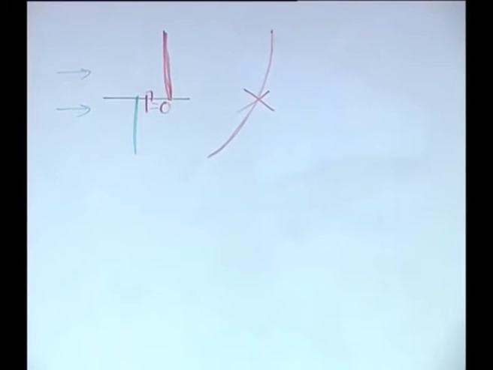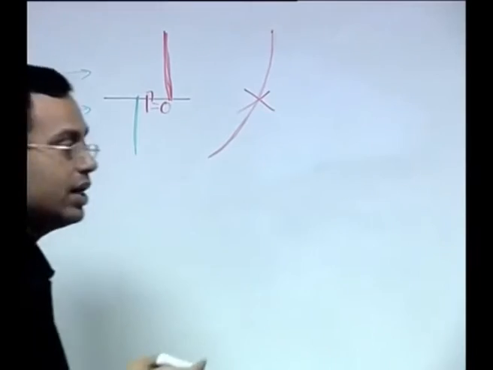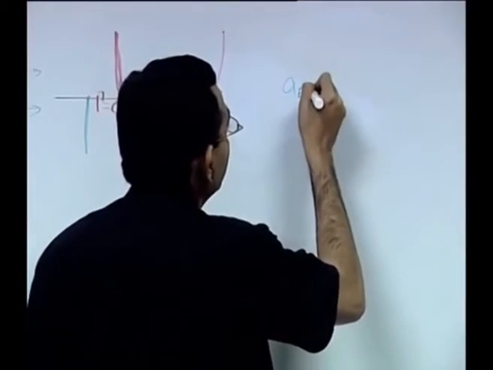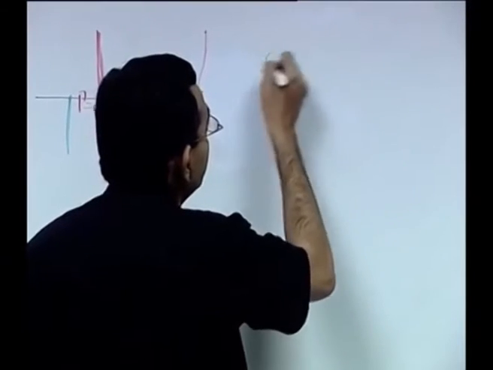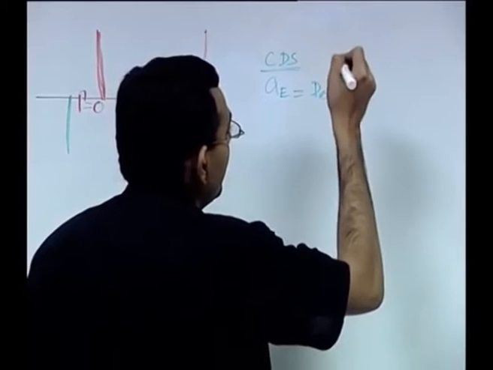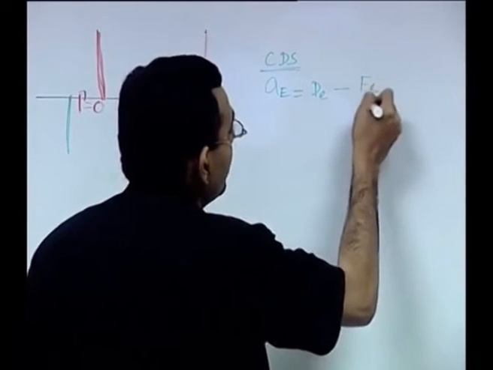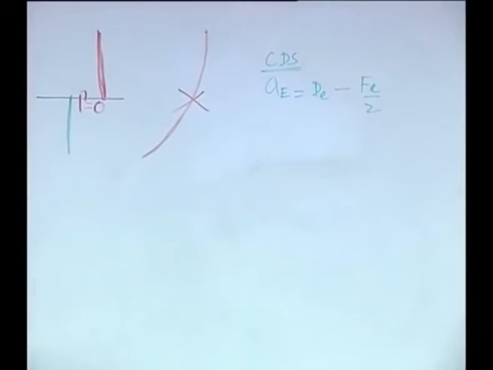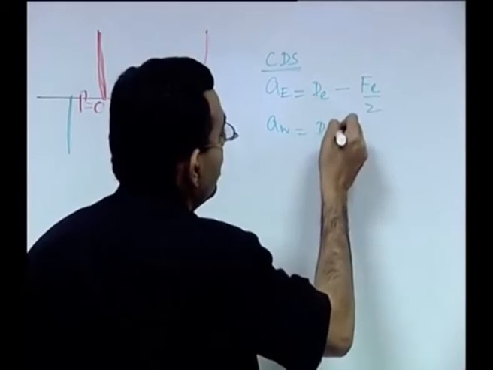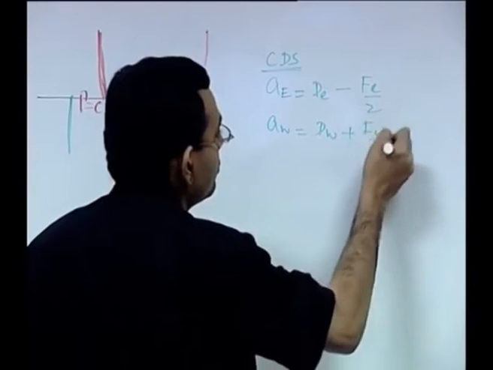So when the diffusion coefficient is equal to 0, this is a predominantly one dimensional problem. Consider the central difference scheme: AE is equal to DE minus FE by 2, AW is equal to DW plus FW by 2.